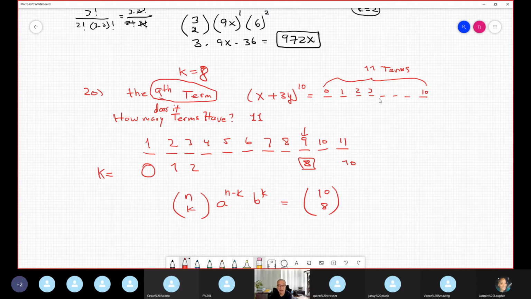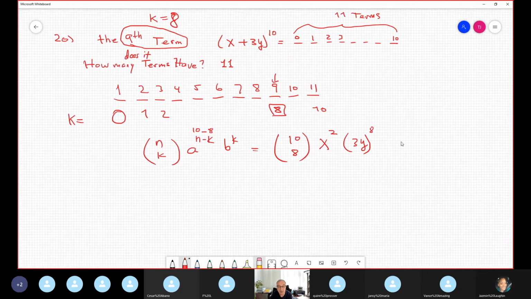A is x. So, x to the n minus k, which is 10 minus 8, which is 2. So you understand, in our specific example, n is 10, and k is 8. And b is 3y, raised to the k, which is a power. Okay?